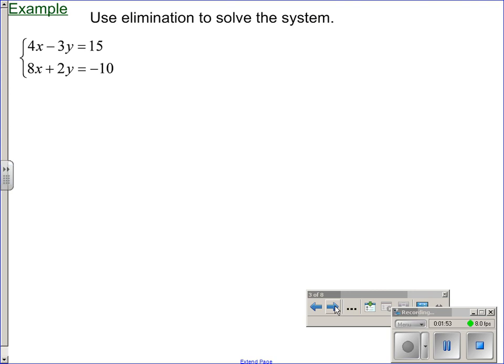But I'm seeing 4x and 8x. I'm going to multiply that first equation by negative 2. And so what that gives me is negative 8x plus 6y equals negative 30. We didn't do anything to the second equation, so that's just going to stay the same.